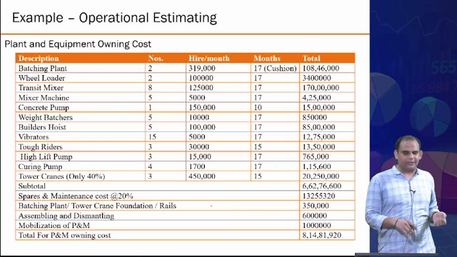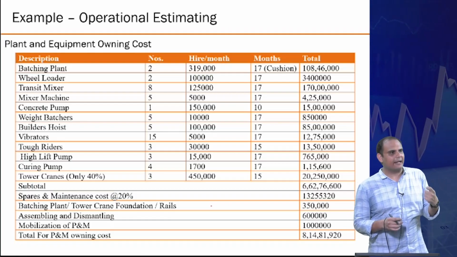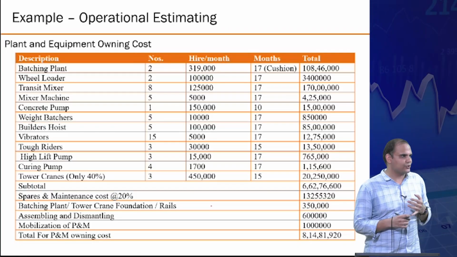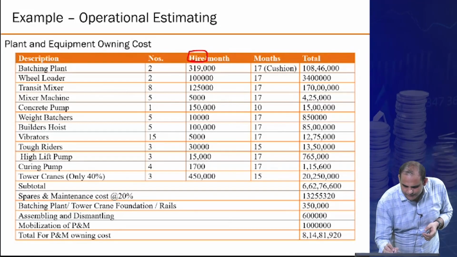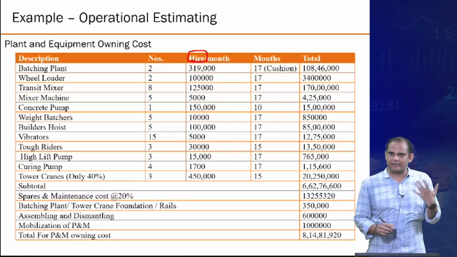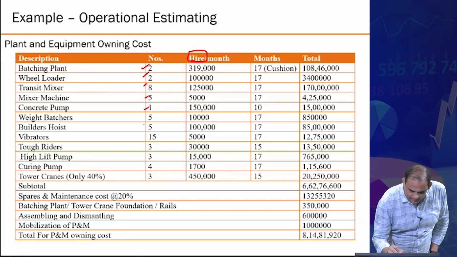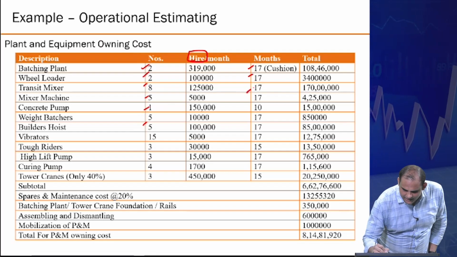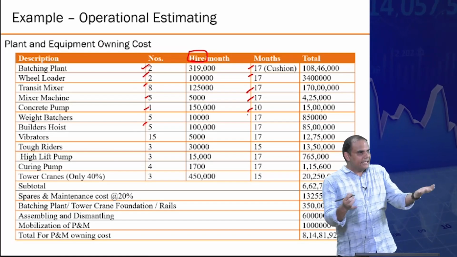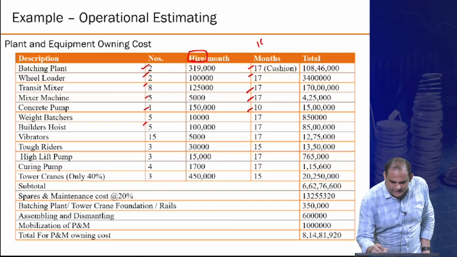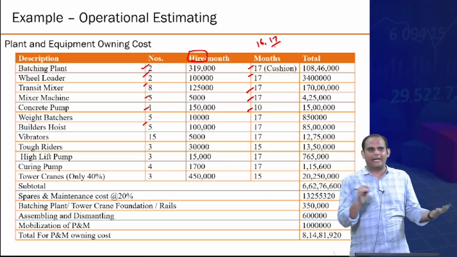So corresponding to this, you will have either a renting or purchasing kind of cost associated with these equipments, right? So I'm assuming that all of these equipment and machinery is hired, it's rented, not actually owned. So you have all the numbers, you have the total number of months you need to lease them. I'm assuming originally it was 16. I'm assuming 1 month of a cushion because your project might get delayed and all.